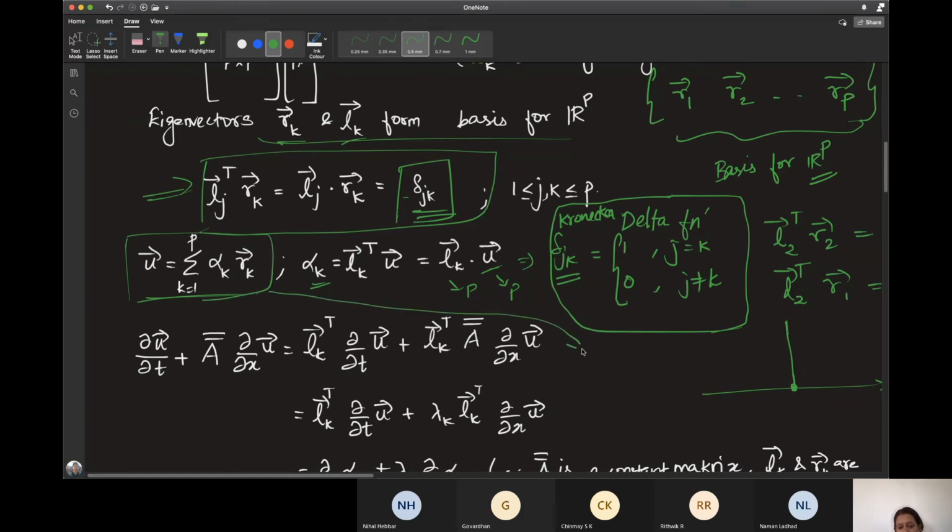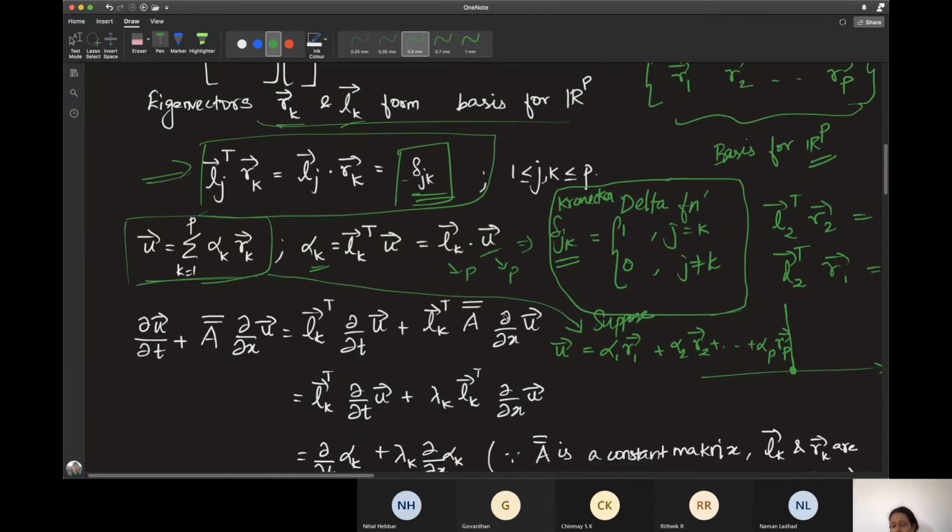Let me just expand it. Suppose that this is the u vector.